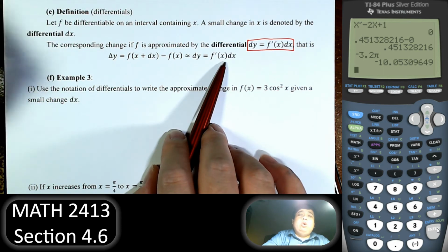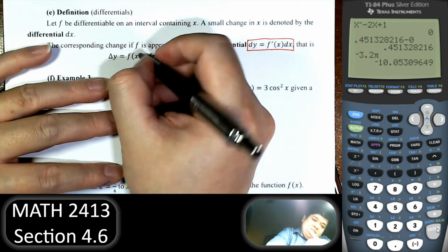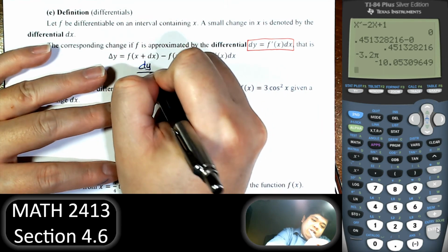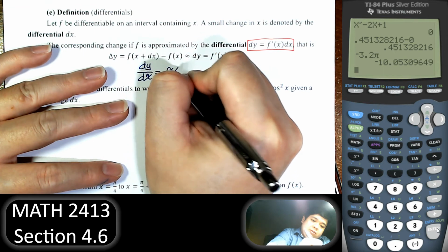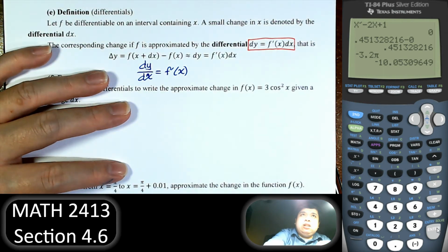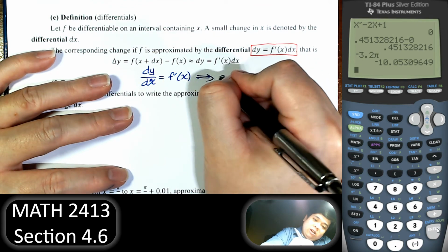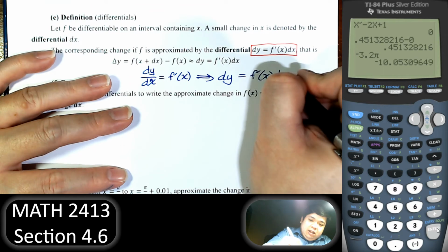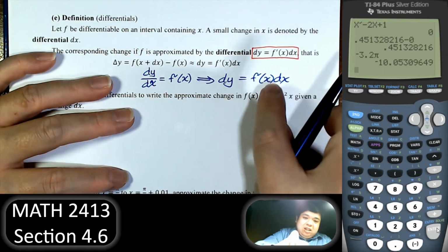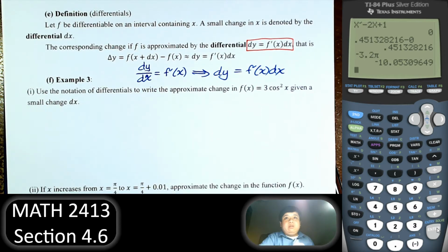So like I said, we play with the notation a lot. Now think about that. We can write the derivative in that form, right? Move the dx over, multiply dx on both sides. dy is the derivative times dx. That's exactly what we have. And that's why we use the notation like this for the derivative. Right.